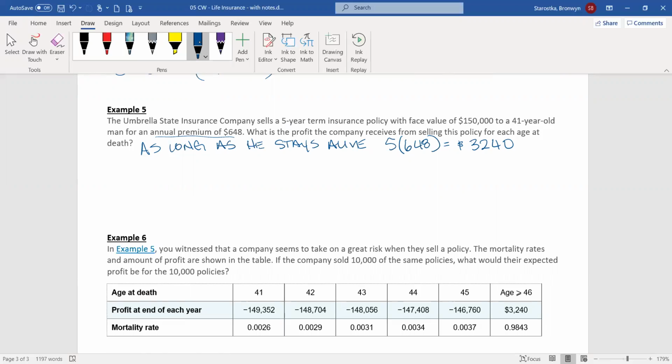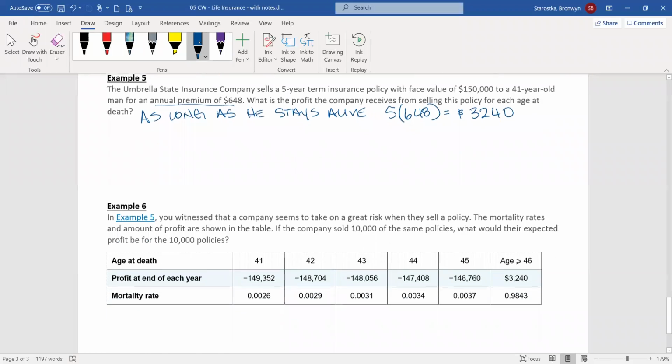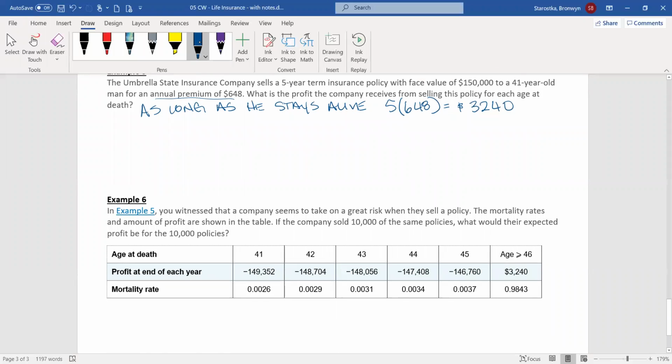But if he dies anytime within that 5 years, let's pick a number, let's say 3. So if after 3 years the guy doesn't make it, then the insurance company is going to lose money.